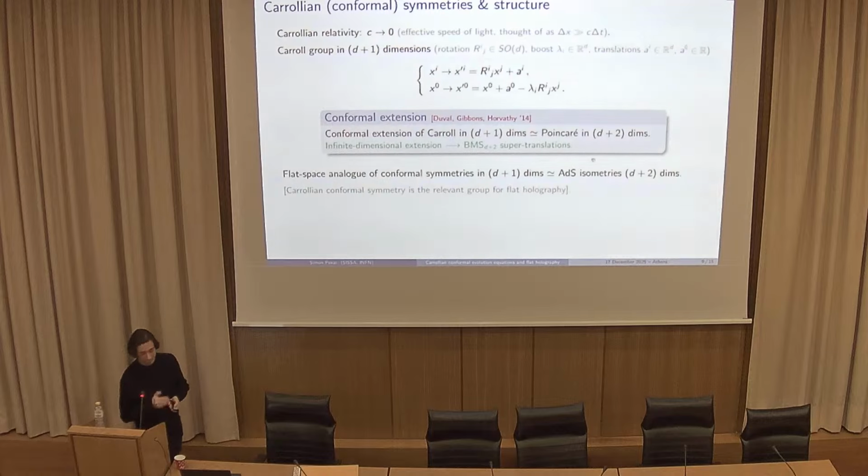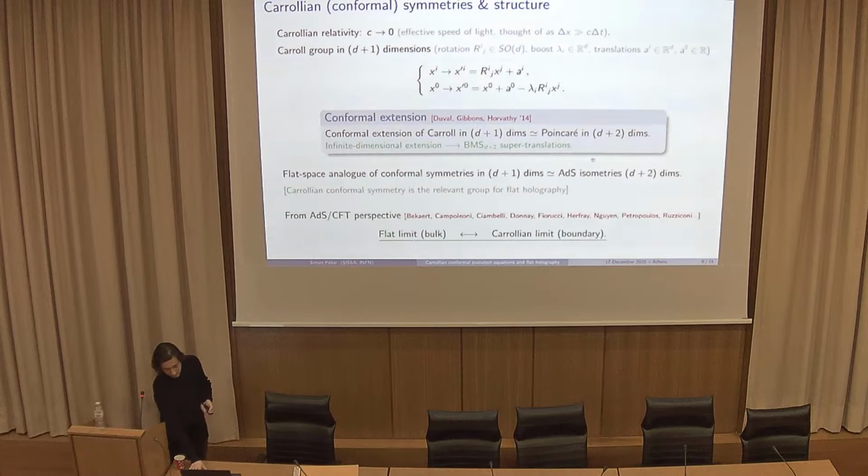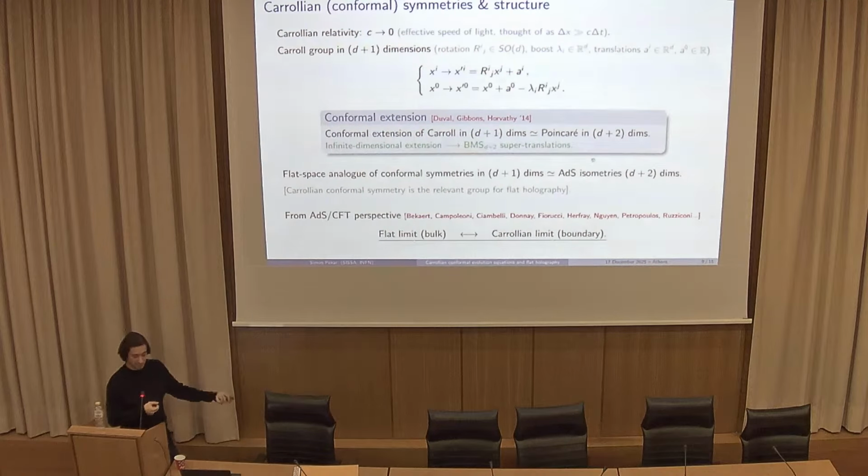So this is sort of step 0 of holography, this time applied to flat space. And from the point of view of AdS/CFT, what many people are trying to make more precise is the statement that when you take a flat limit of AdS in the bulk, this corresponds to a Carrollian limit on the boundary.